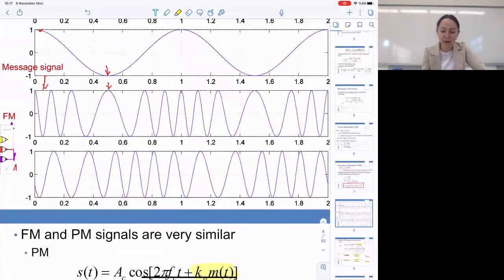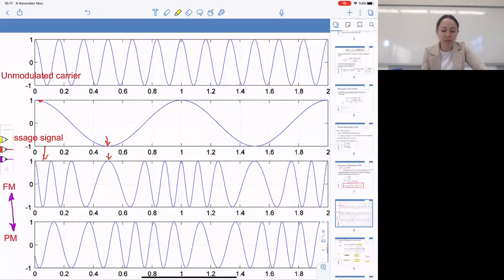So if you go back to this visual example, if we differentiated the message and then modulated the frequency of the carrier, we would obtain this. So think about it. When is the derivative highest?